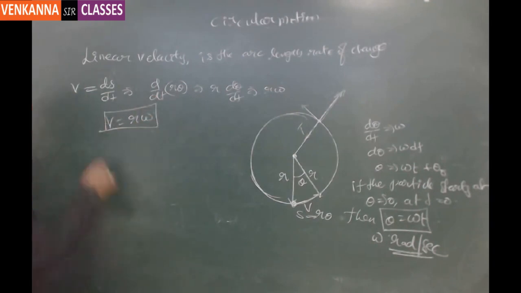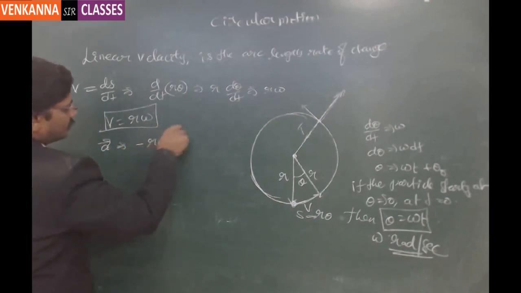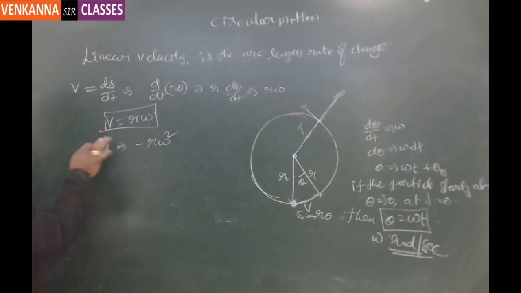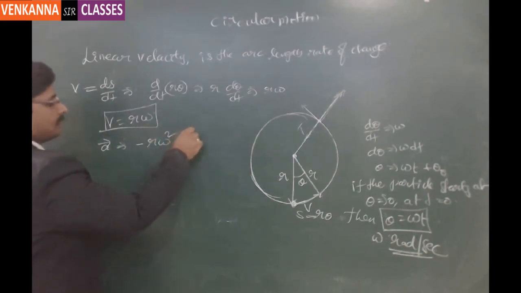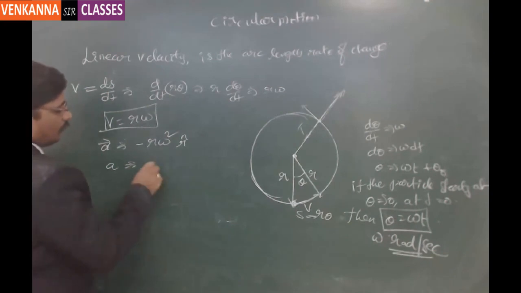From this relation, the acceleration with constant angular velocity we have treated as minus r omega square. By magnitude, if you want to calculate it, a is equal to r omega square.